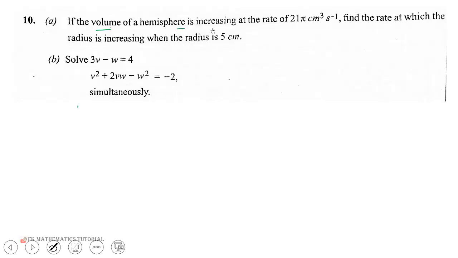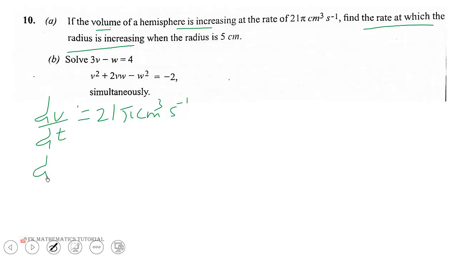The rate at which the volume is increasing, which is dV/dt, is 21 pi centimeter cube per second. Then the rate at which the radius is increasing will be dr/dt. We don't know it. We're given the radius to be 5.